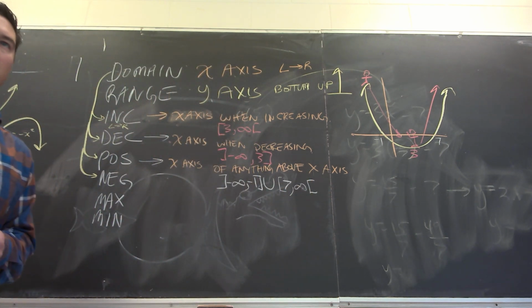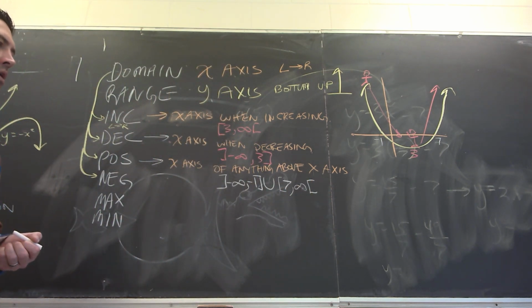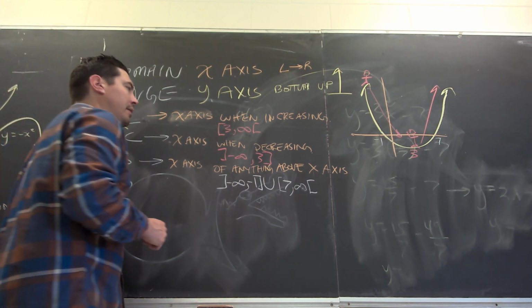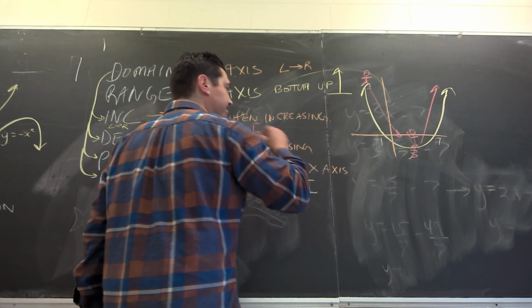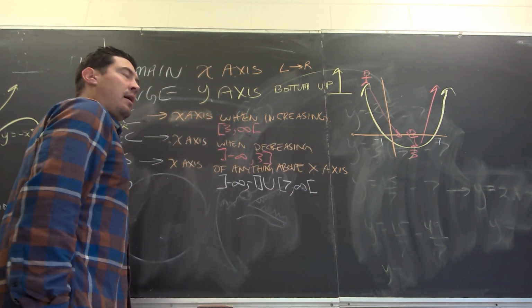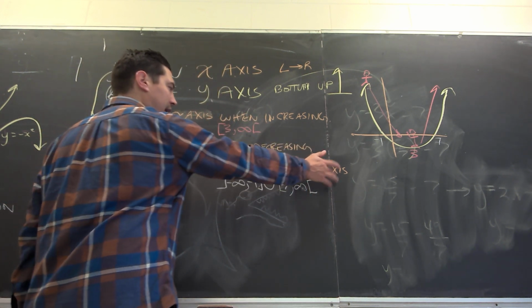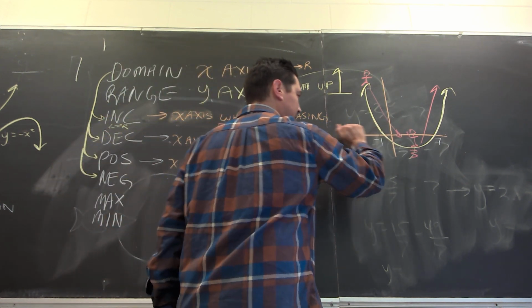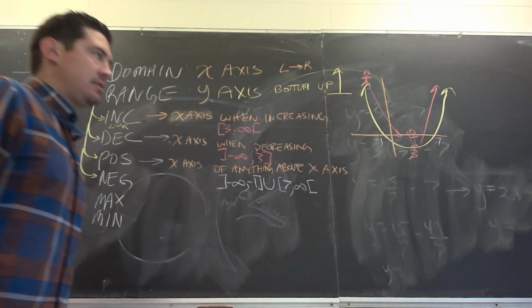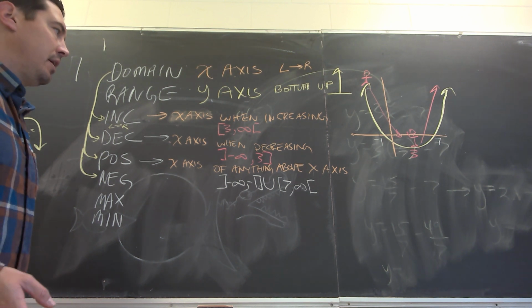Instead of saying anything above the x-axis, can we say above like -1? I would say I would keep to above the x-axis because it's basically just saying that's the barrier. That's the floor of it.